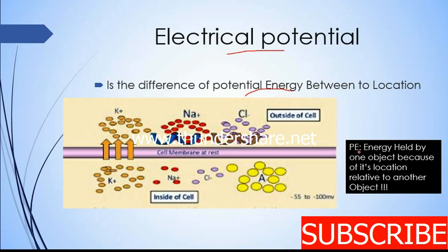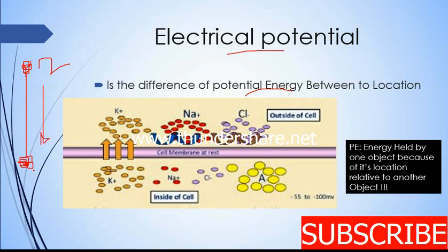So what is potential energy? Actually, you can easily say the potential energy is the energy held by an object. So if you have 2 objects, one here and another one up above, this energy brings the second object to the first object.